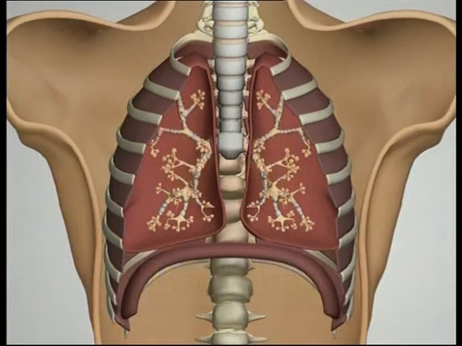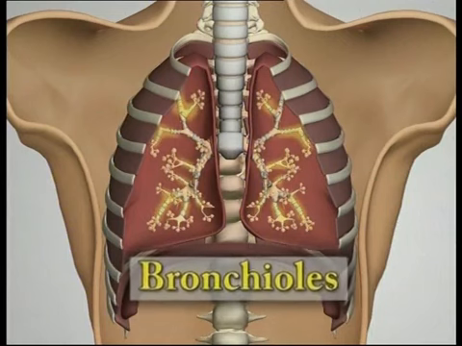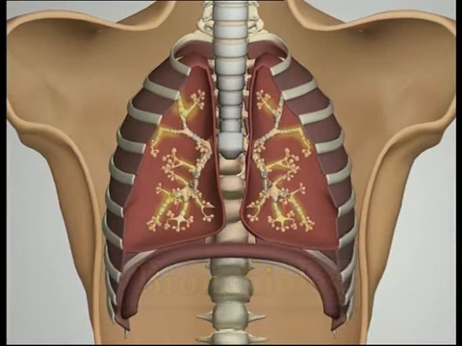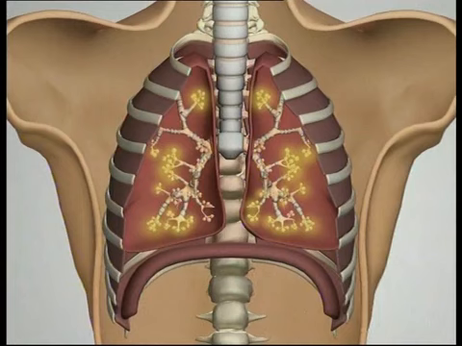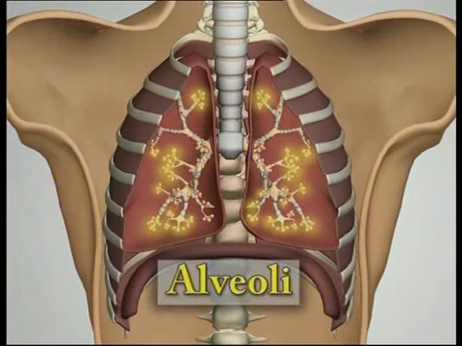In the lungs, the bronchus branches to form many smaller channels called bronchioles. At the end of these bronchioles are tiny sacs clustered like grapes. These sacs are known as the alveoli and are packed throughout the lungs.